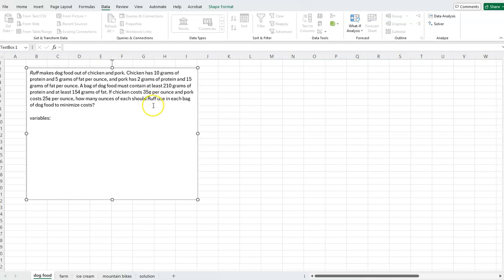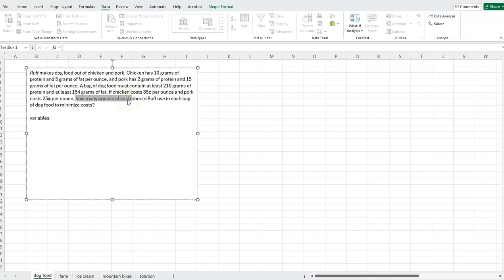I find it very much helps to zoom in on the sentence which is actually stating the question or the problem. That would be this last sentence here. If chicken costs so much and pork costs so much, how many ounces of each of those should Ruff use to minimize costs? How many ounces of each should we use?